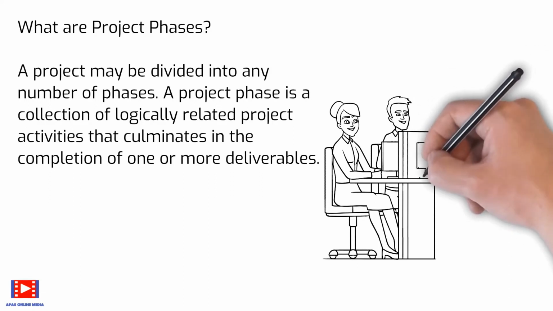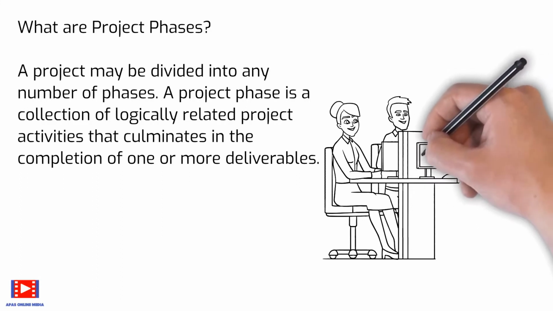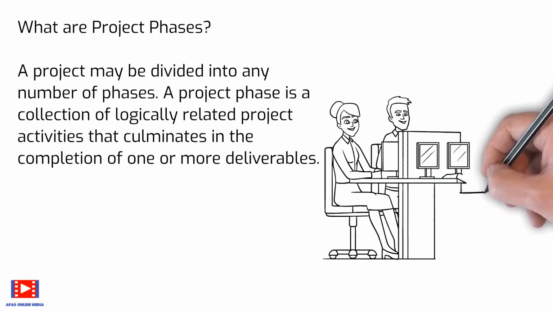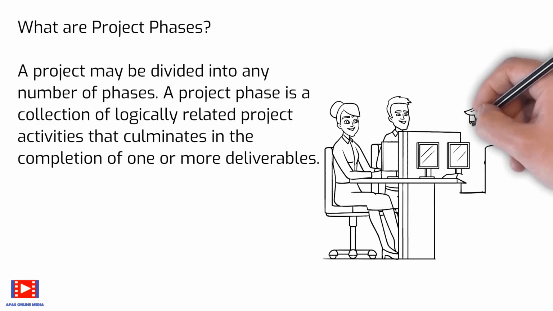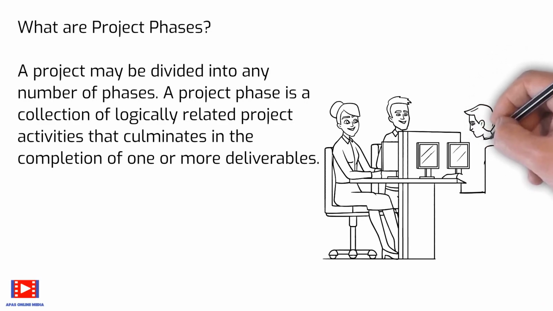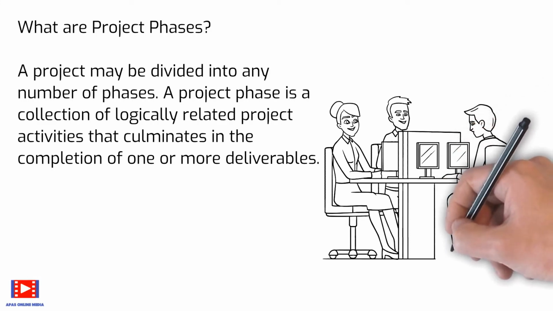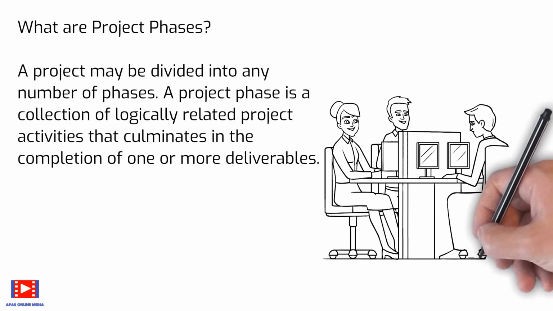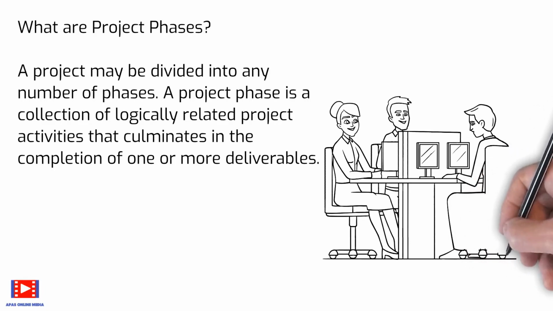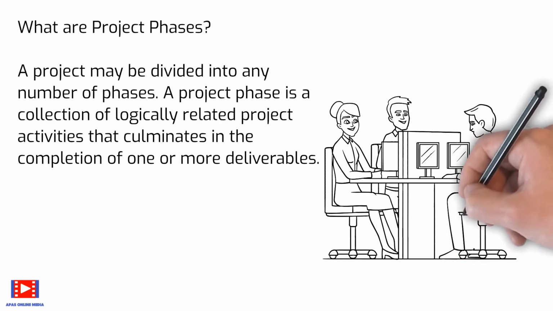The phase structure allows the project to be segmented into logical subsets for ease of management, planning, and control. The number of phases, the need for phases, and the degree of control applied depend on the size, complexity, and potential impact of the project. Regardless of the number of phases comprising a project, all phases have similar characteristics.